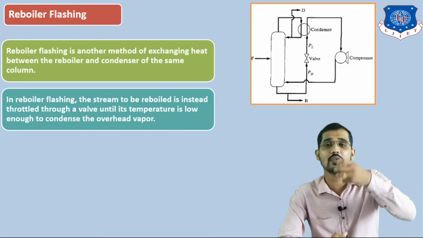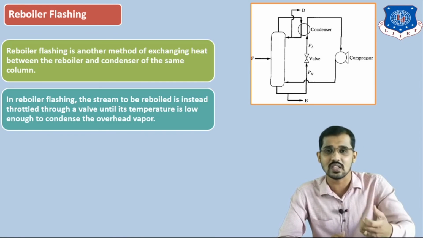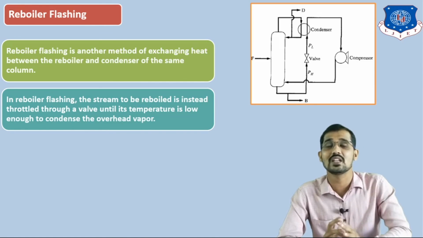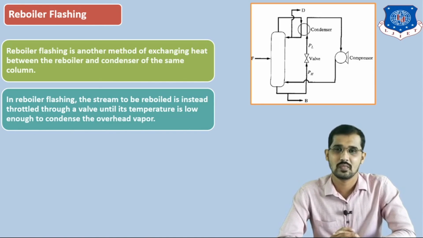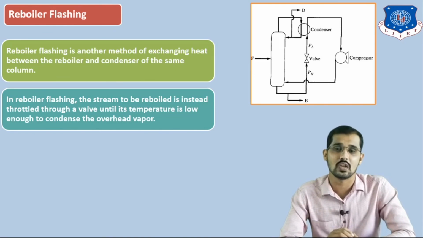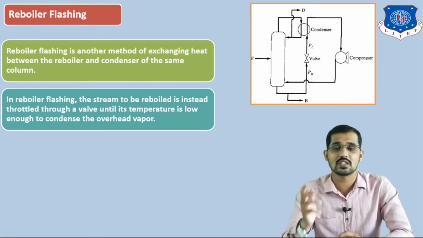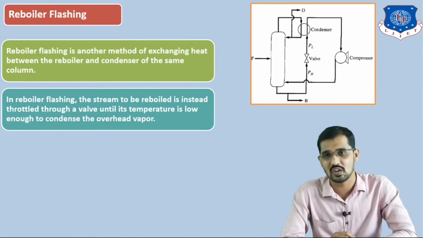After that, whatever vapors remain are transferred to the compressor. After compressing, we use those vapors as the heating source in the bottom section. So this is all about process integration in a distillation column. By using these concepts, we can save energy in a distillation column.